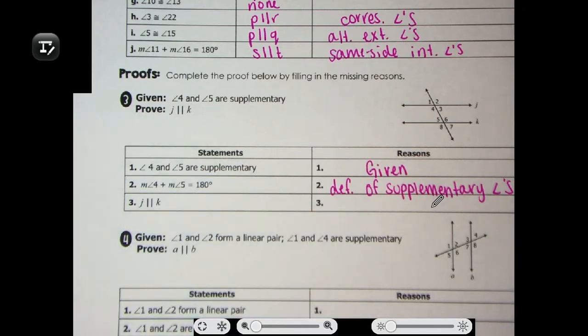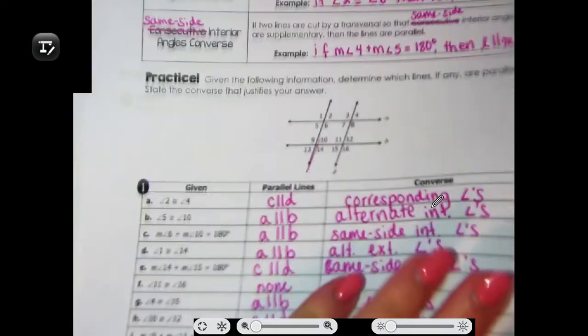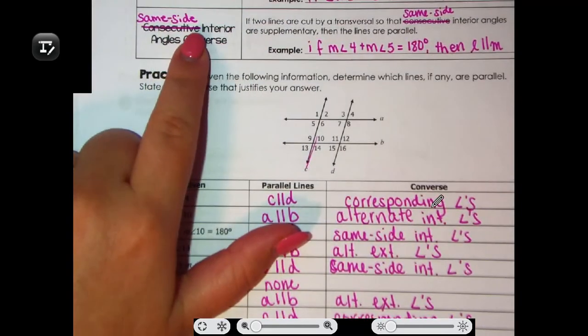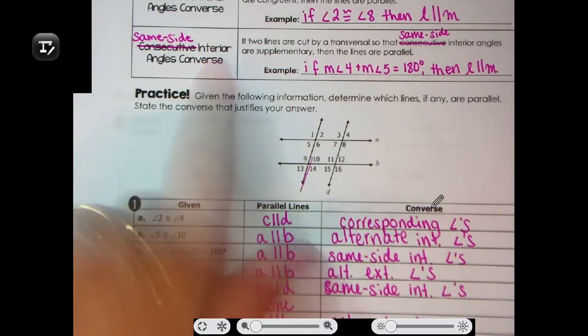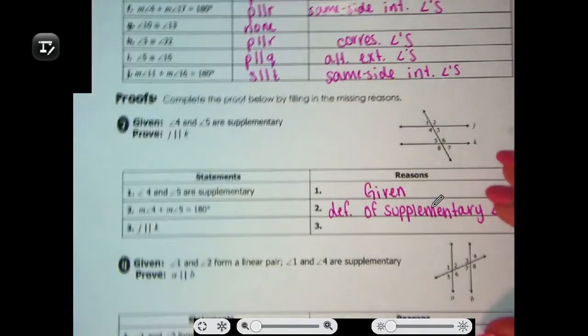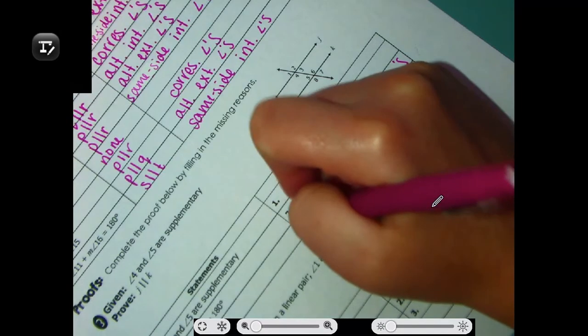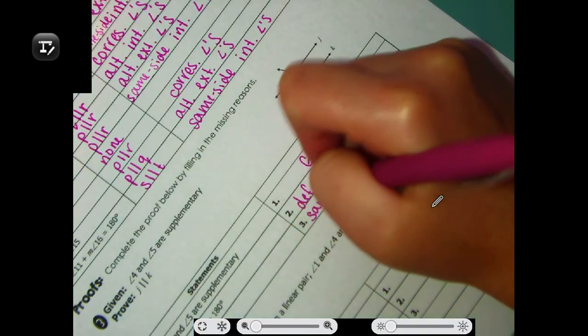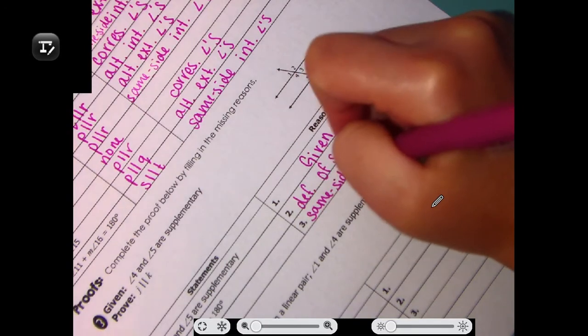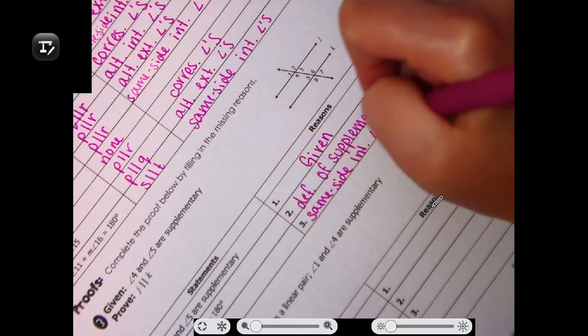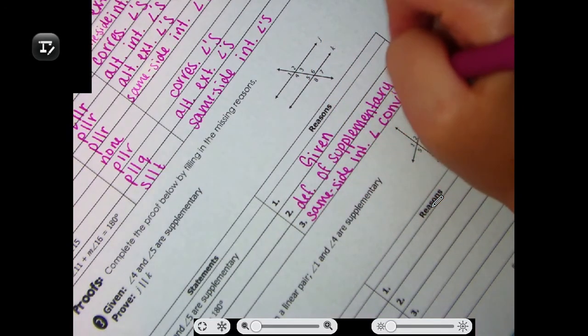If I look back over here, it was the same side interior angle converse. So I'm going to write the same side interior angle converse.